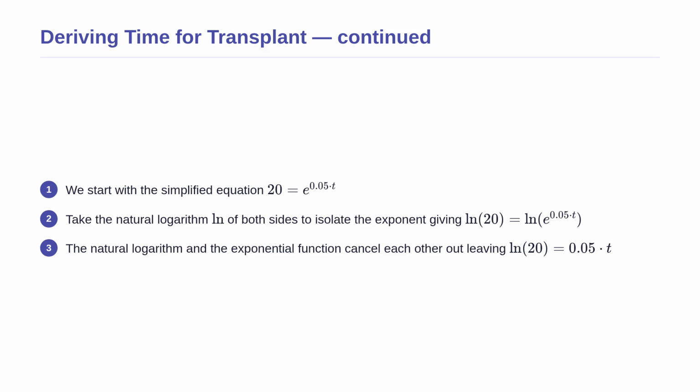Because the natural logarithm is the exact mathematical inverse of the exponential function e, they cancel each other out on the right side. This brilliant algebraic move leaves us with a much simpler equation. The natural logarithm of 20 equals 0.05 times t.